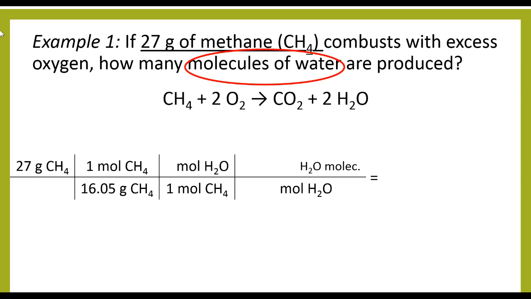And then the coefficient for my water is the 2, so that's going to go up on top. Now, if I have moles of water up on top in the denominator on that next diagonal, I'm still just going to have 1, okay? Because remember, we're talking about moles to Avogadro's number in this case, and moles to Avogadro's number, we always have 1 mole. So Avogadro's number, that's 6.02 times 10 to the 23rd is going to go up on top.